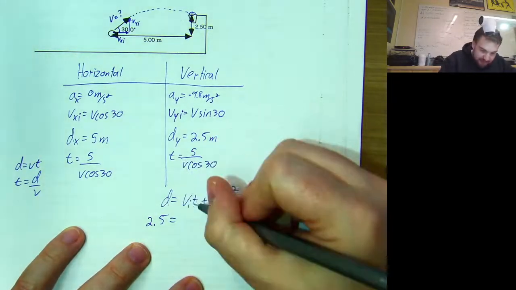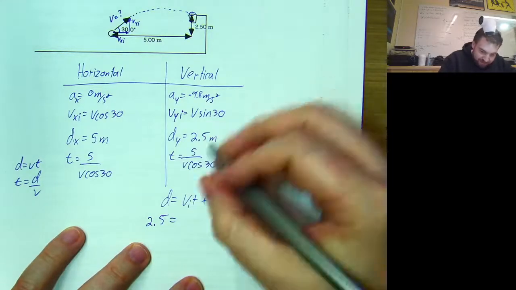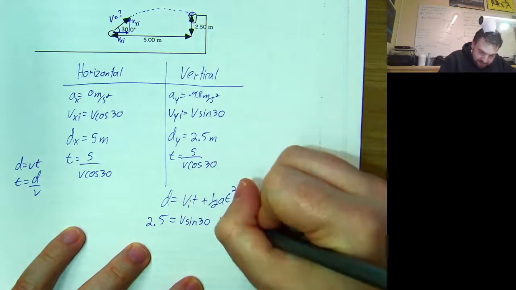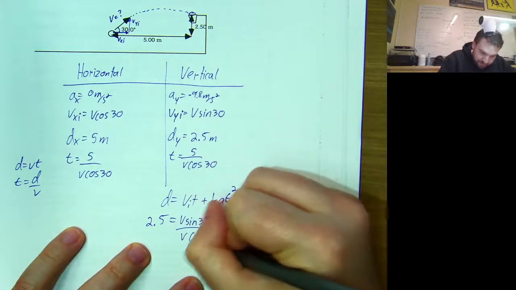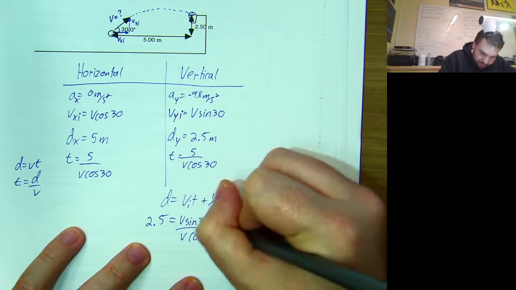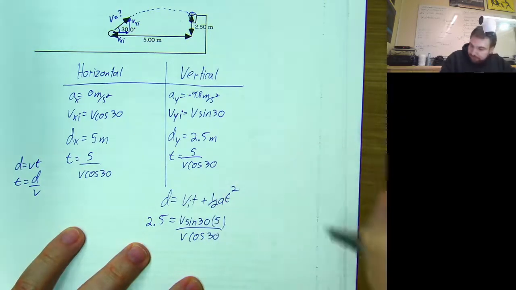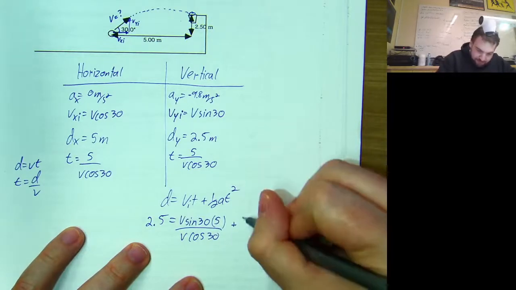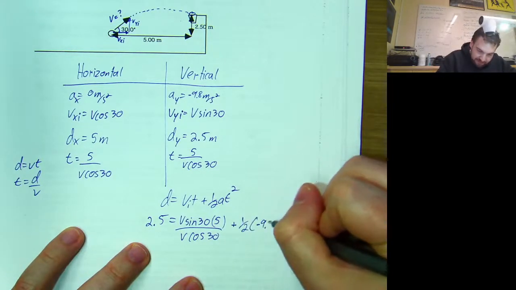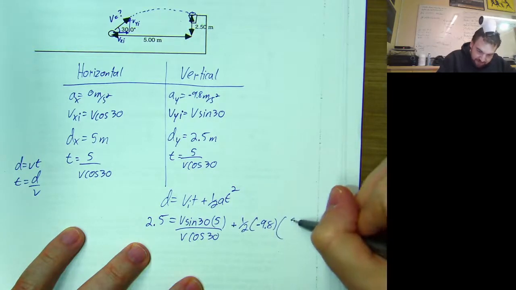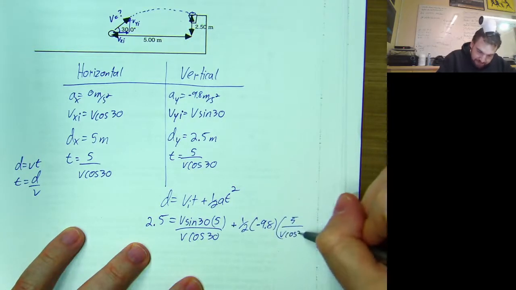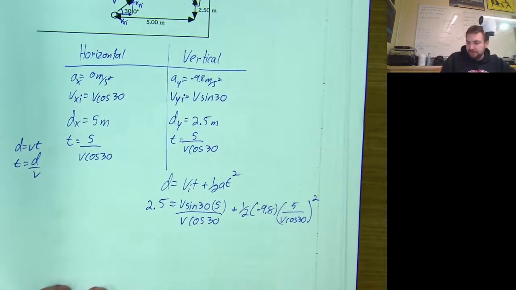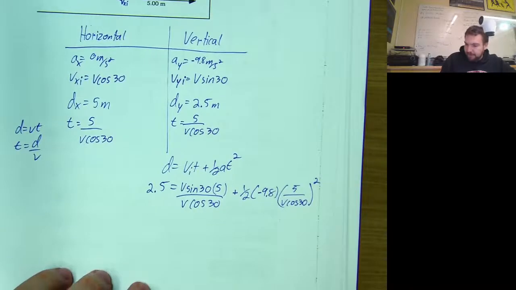That's going to equal Vy initial, V sine 30, times time, which is 5 over V cos 30, plus 1/2 negative 9.8, and my time is 5 over V cos 30, squared. Looks gross, but cool results. So buckle up. Here we go.